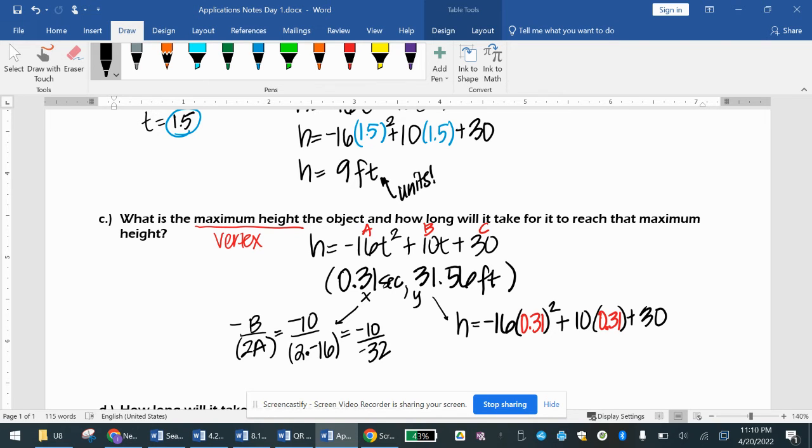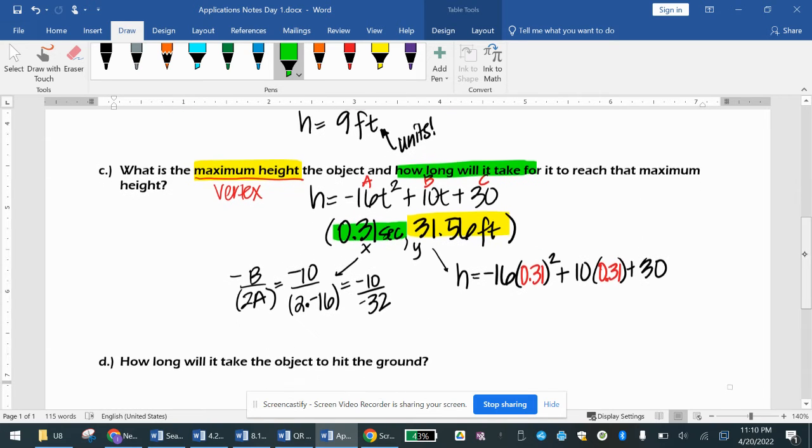Okay, so ellos me preguntaron qué alto va a llegar el objeto, like what's the highest, máxima altura, like maximum height. The answer is 31.56 feet. So the maximum height is the 31.56. How long it took to get there is the 0.31 seconds. So this is all review. Okay, guys, todo esto lo que hemos hecho ya lo hicimos anteriormente.